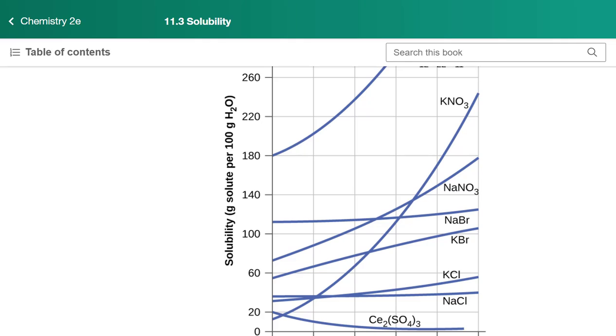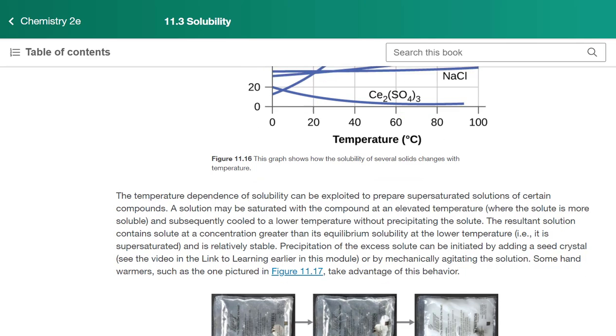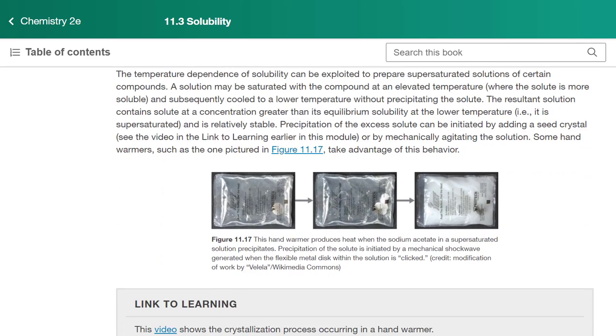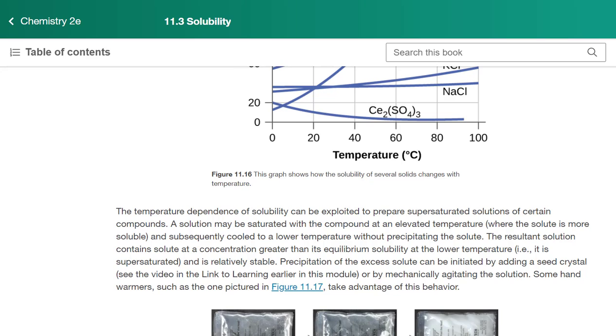This is again something we'll get into in more detail in chemistry 1B: the effect of mixing is more pronounced at higher temperatures in terms of stability. This is related to that concept of entropy that you'll be discussing in chemistry 1B.